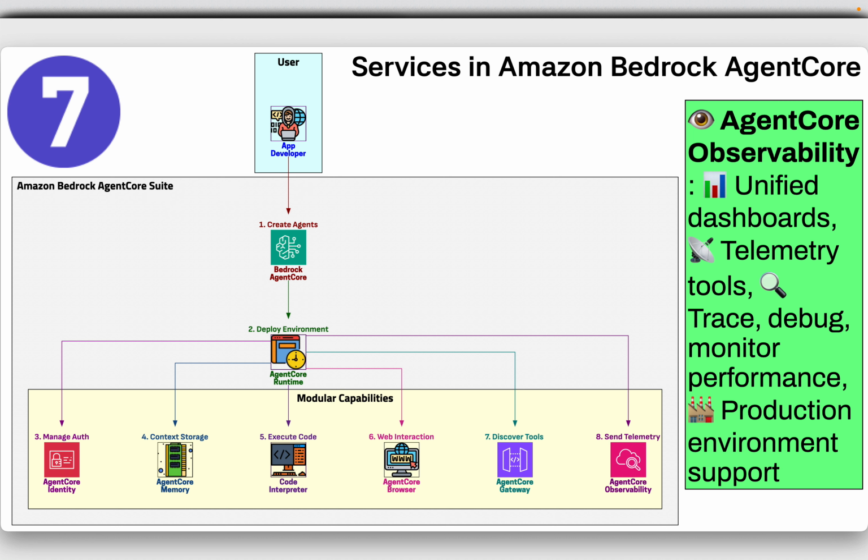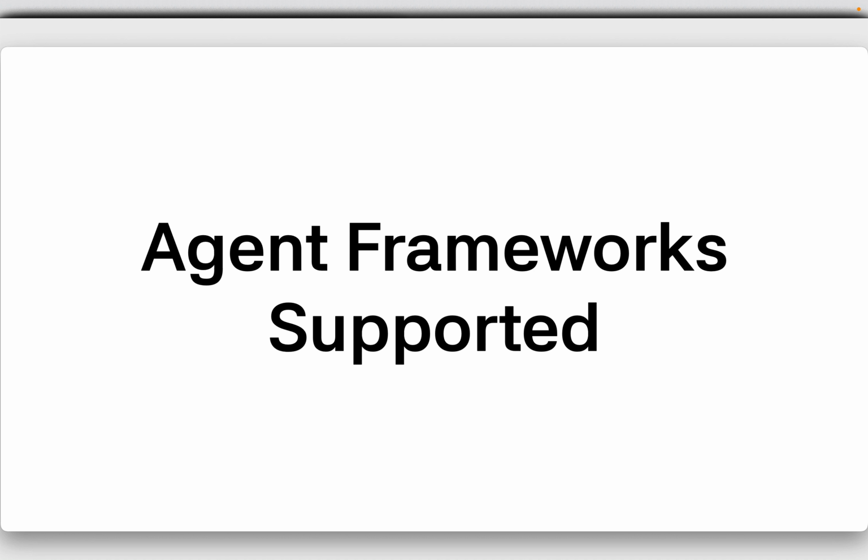And the seventh service is AgentCore Observability, which provides unified dashboards and telemetry tools to trace, debug, and monitor agent performance and behavior in production environments. Next topic is Agent Framework Supported.